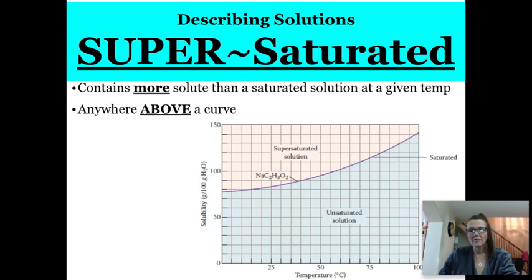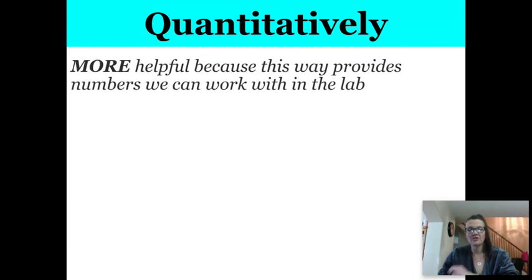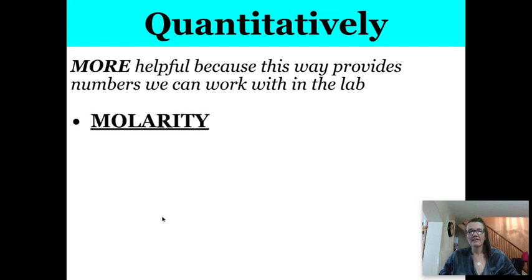Now, remember those three terms are all qualitative. In other words, we can't really do any math with them. We want to be able to do calculations and make real solutions, so that brought us to describing solutions quantitatively, because it gives us numbers that we can work with in the lab. Last video, we talked about molarity, and you did great with that.